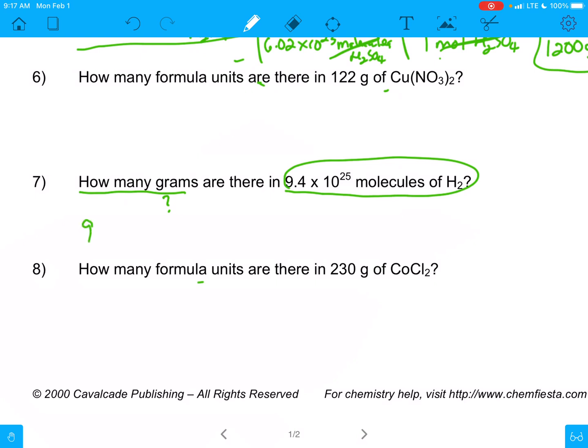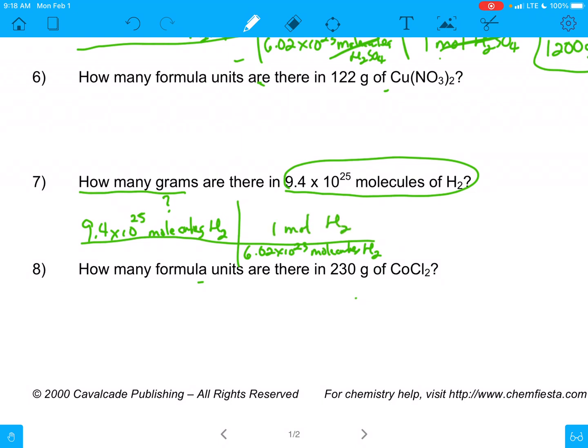So here we go. 9.4 times 10 to the 25th molecules of H2. And I need to get from molecules of H2 into grams of H2. Well, let's get out of molecules and into moles. To do that, I need Avogadro's number. 6.02 times 10 to the 23rd molecules of H2 is the same as 1 mole of H2.